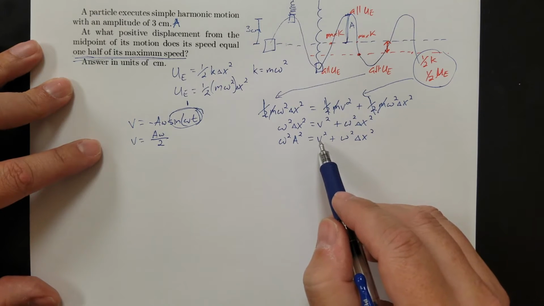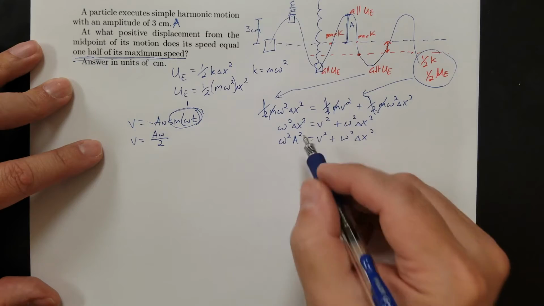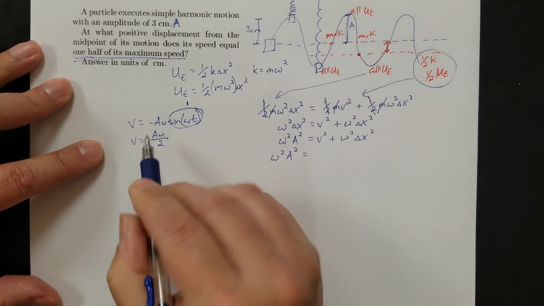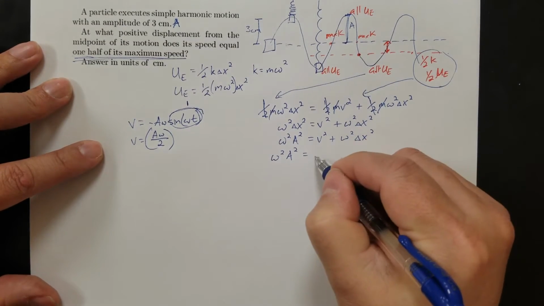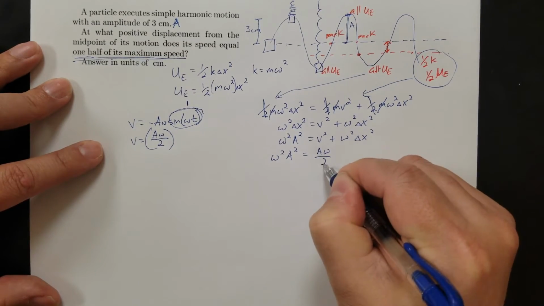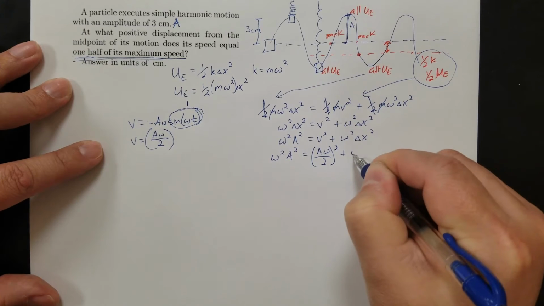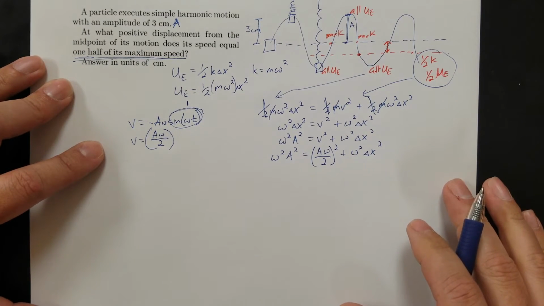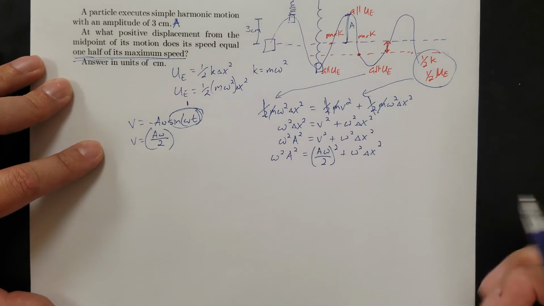So I'm going to say omega squared A squared equals (A omega over 2) squared plus omega squared delta x squared. Okay, now there we go.